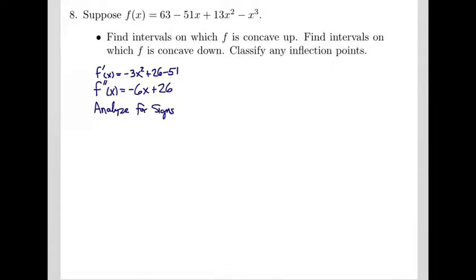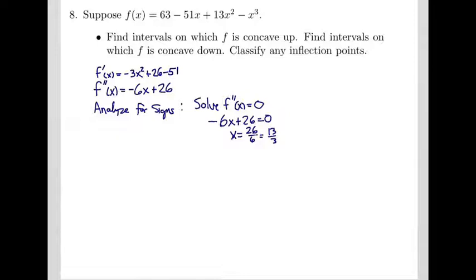To do that, I need to solve f double prime of x equals 0. I'm looking for supercritical points. So negative 6x plus 26 equals 0 gives me x equals 26 over 6, which is 13 over 3.